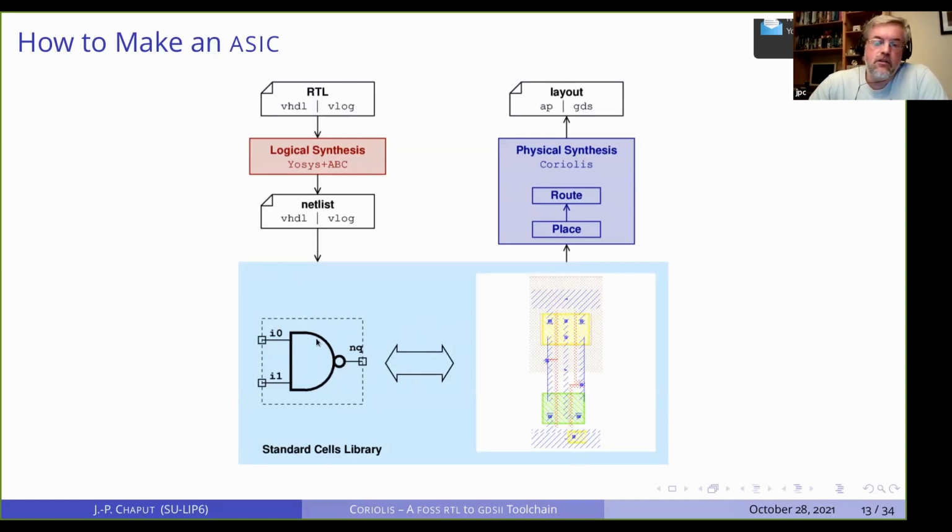That is, you can translate a logical function, here an AND, into its small layout. Then the physical synthesis reassembles all those little bits to form a complete design. It performs the placement, placing them on a plane, and then draws the wires. And in the end, it gives back the layout, which is the equivalent of the RTL, but that can be sent to the foundry to be made into a physical object.